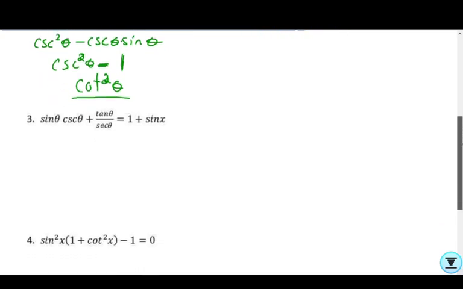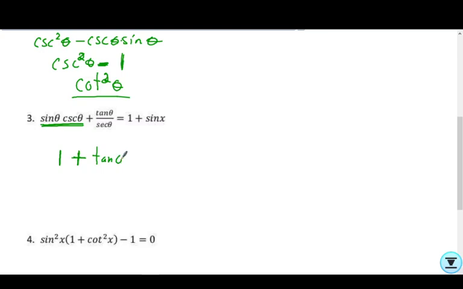All right. So let's look at number 3. So right off the bat, just like we had in the previous example, I see sine times cosecant. And sine times cosecant, anything multiplied by its reciprocal is 1. Plus, and I'm going to do this part, dividing by secant is the same thing as multiplying by its reciprocal, which is cosine.